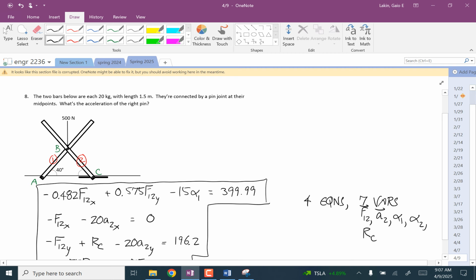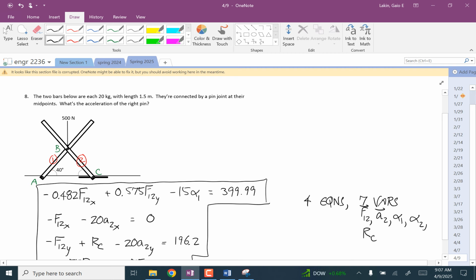What about A? There's a pin there. Why don't we use a constraint saying that that acceleration is 0? Well, essentially we do, because, for example, when we're calculating the acceleration at B, we're not using relative motion because we're assuming that that joint at A is fixed, okay?